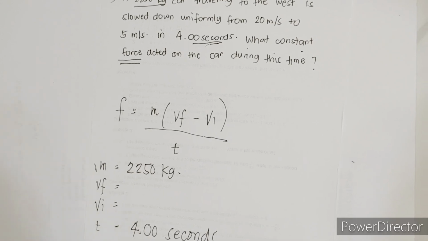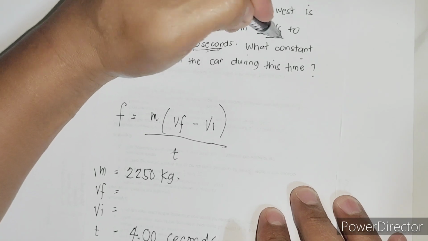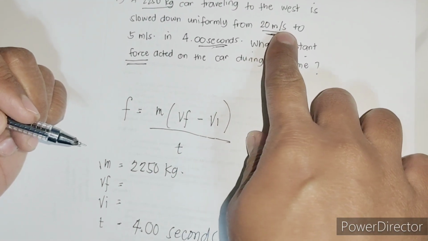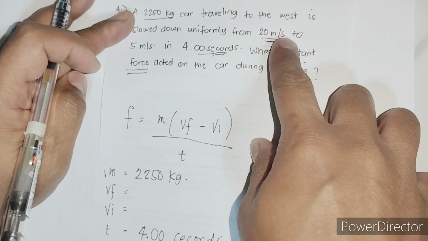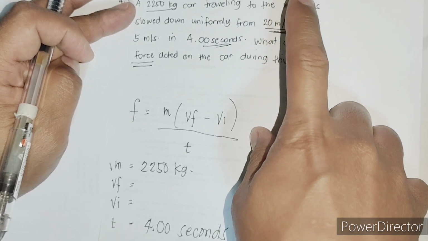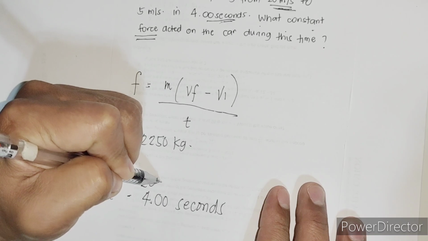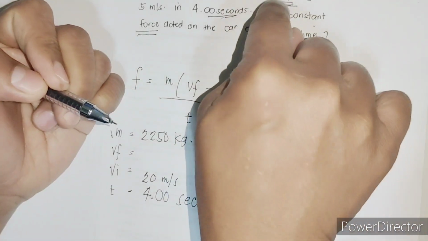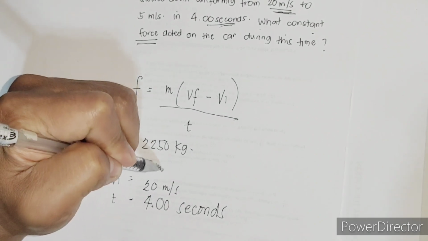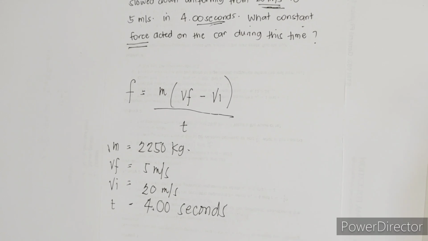Sabi niya, is slowed down uniformly from 20 meter per second. Ibig sabihin, ito ang kanyang initial velocity. Doon siya nag-start at nag-slow siya sa 5 meter per second. Meaning to say, yung 5 ang ating final velocity.